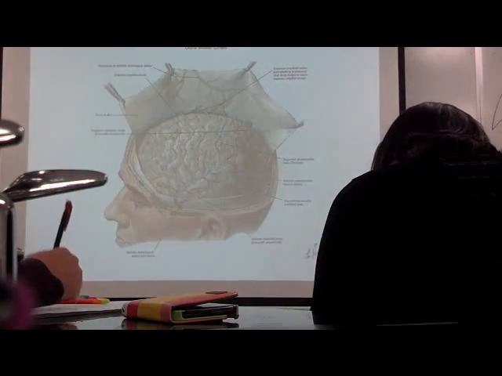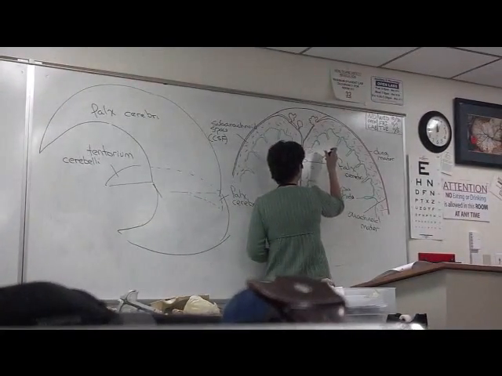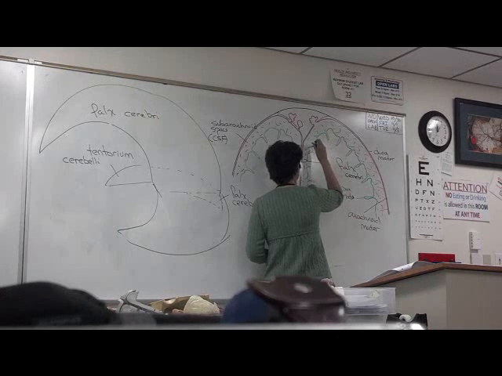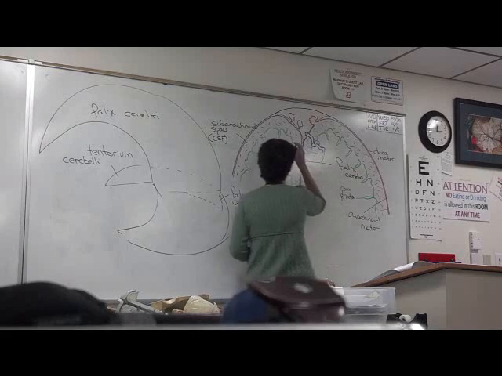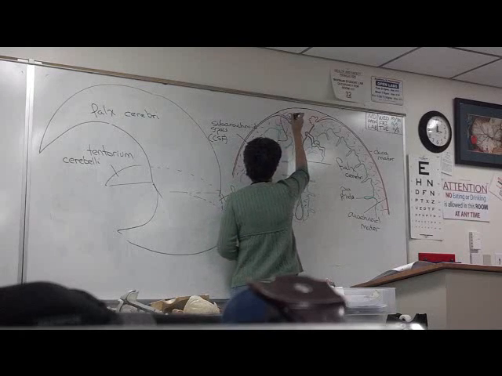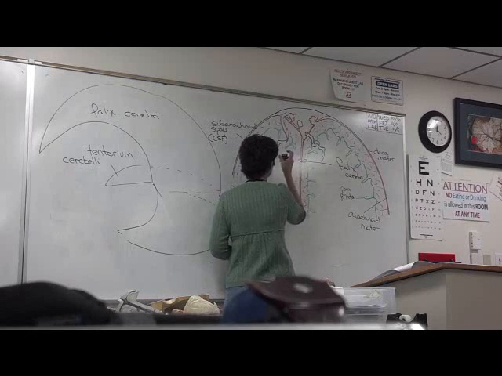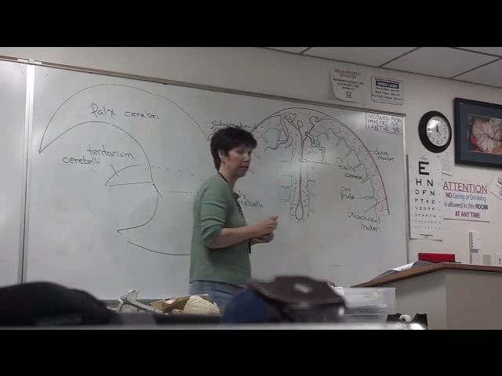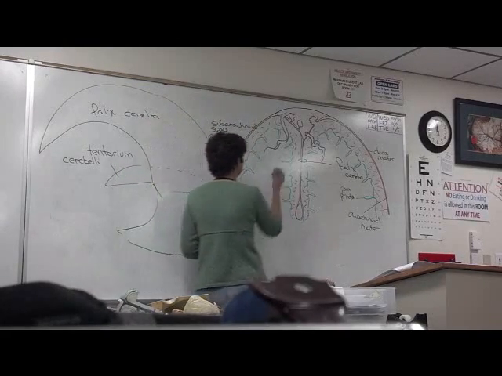So in addition to having the CSF and the dura mater, we're going to have blood vessels coming out of the brain and then traveling along the surface and emptying into the venous sinus. These are cerebral veins, and they're delivering deoxygenated blood that's been used by the brain.